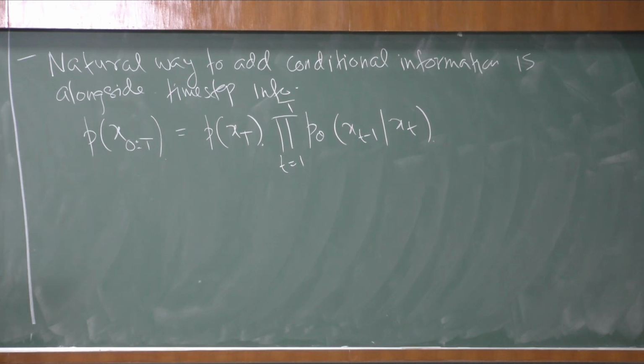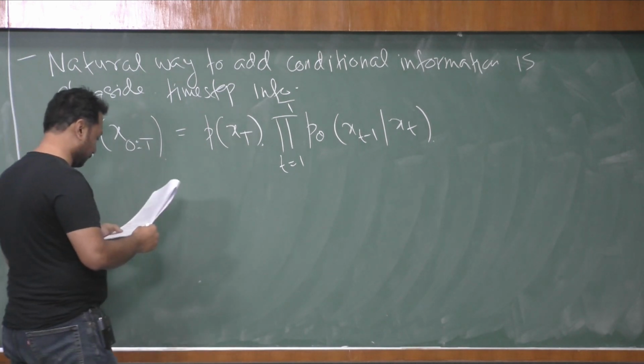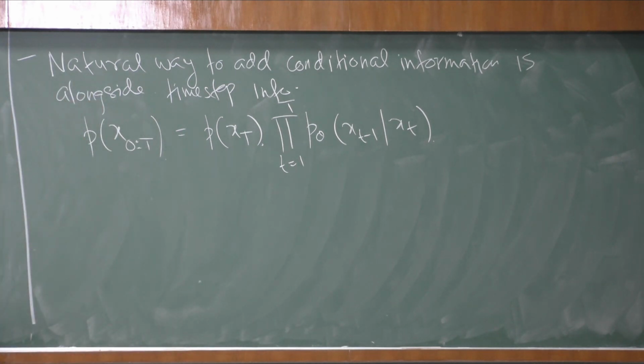This is the first step that we wrote in the diffusion model case, and now we want to bring in the conditional. For the conditional we will just add y everywhere.